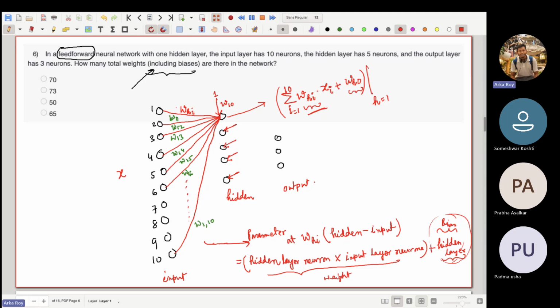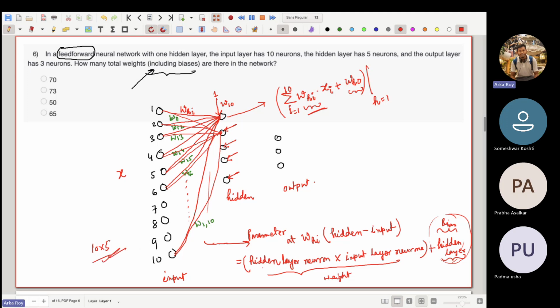And then the weights in this particular region, you know that this is also connected like this. So therefore, again, the matrix size would be 10 cross 5.